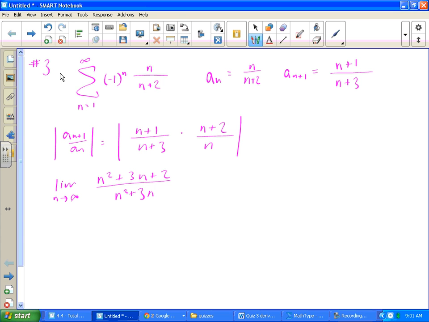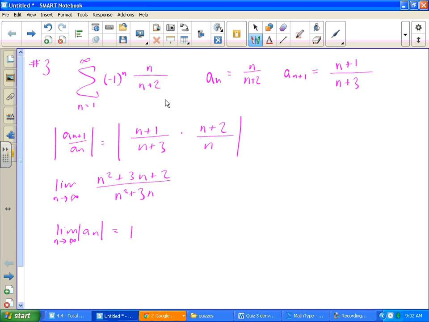All right, so what we're going to do here is if I take the limit of the absolute value of a sub n as n goes to infinity, what's that going to be? Yeah, which is going to give me what? 1, right?